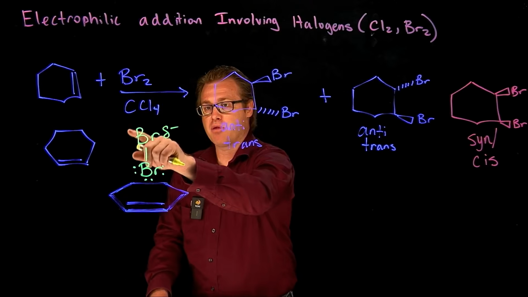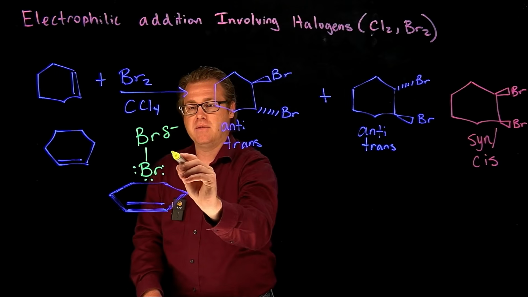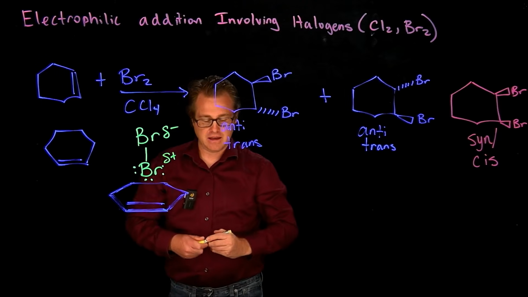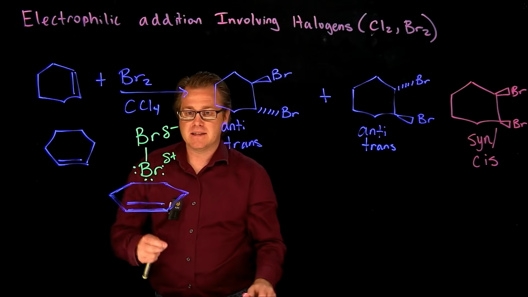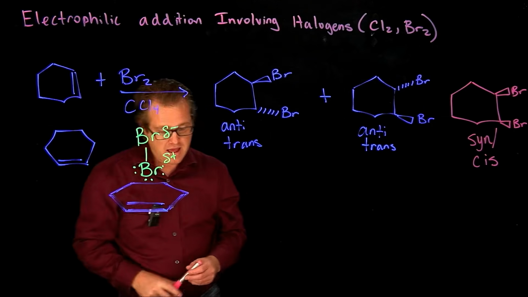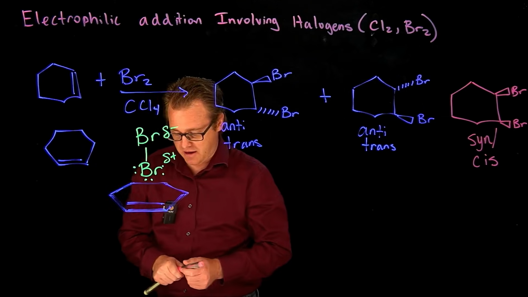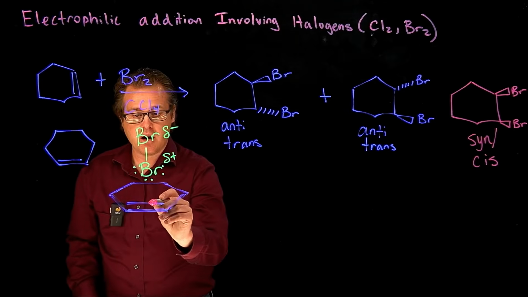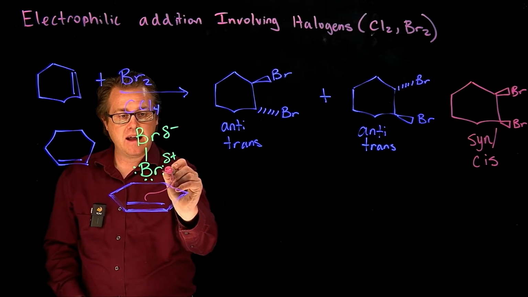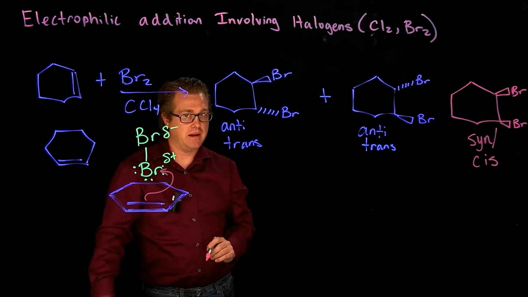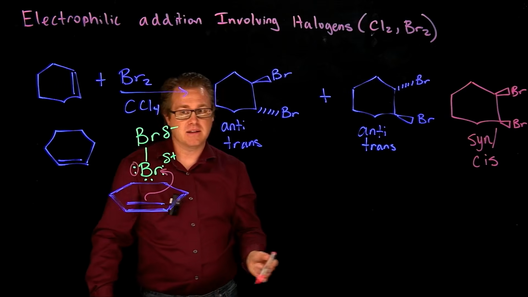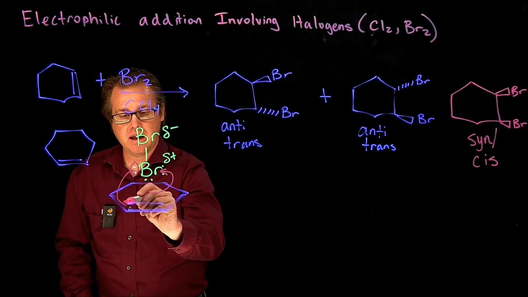This side of the bromine molecule is going to be partially negative, and this side is going to be partially positive. And what that does is that makes this bromine electrophilic. And so what we have going on here is that the pi electrons, electron-rich, can come in and attack the bromine. But bromine does, in fact, still have lone pairs that are going to come down and form that.